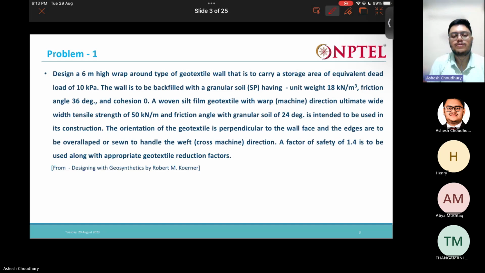There are two directions, right? Before, I did not discuss this, so let me discuss it now. You have two directions: one is the warp direction and the other is the weft direction. The warp direction is also called the machine direction, meaning the direction in which the geotextile is manufactured.